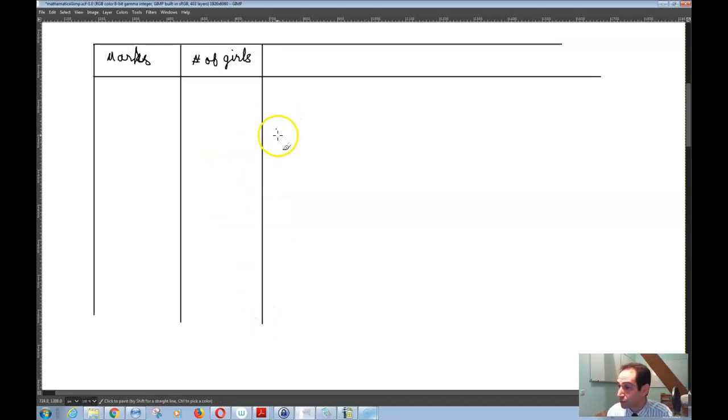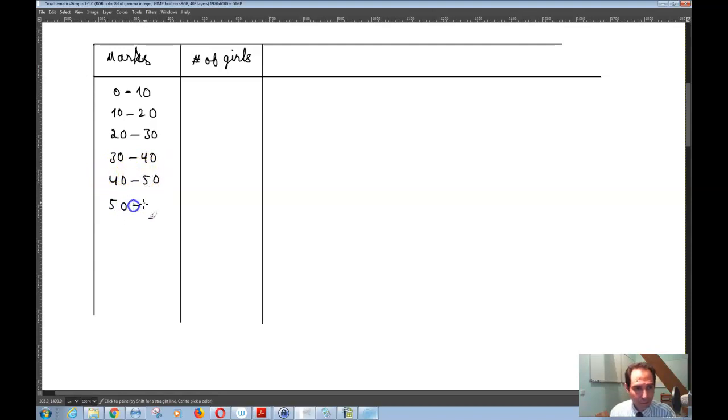The marks are 0 to 10, 10 to 20, 20 to 30, 30 to 40, 40 to 50, and 50 to 60.